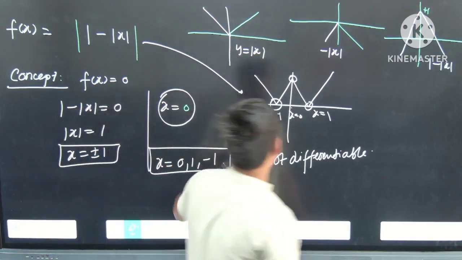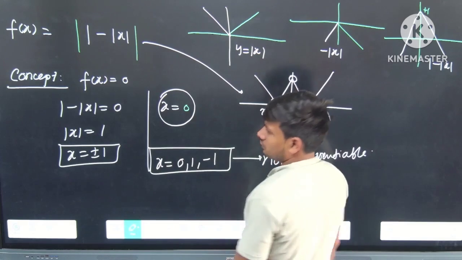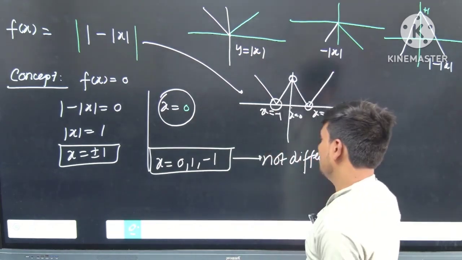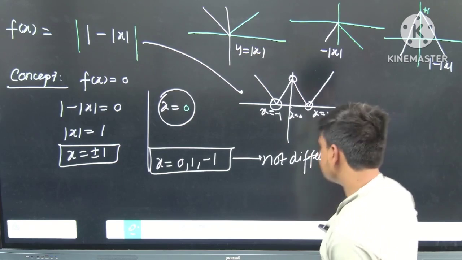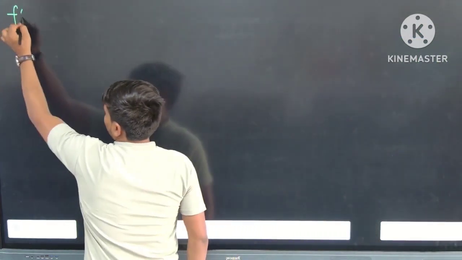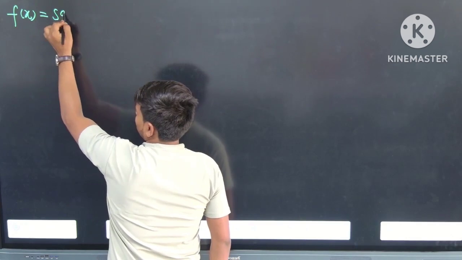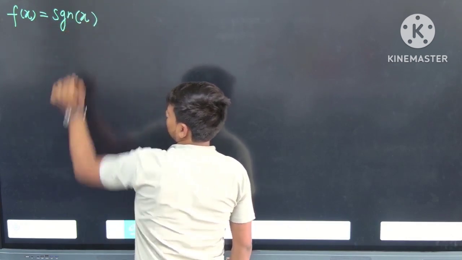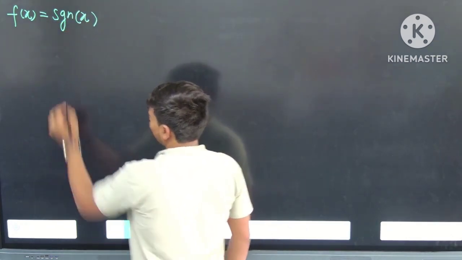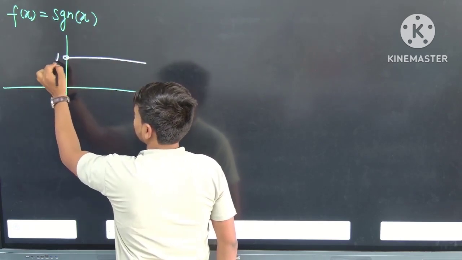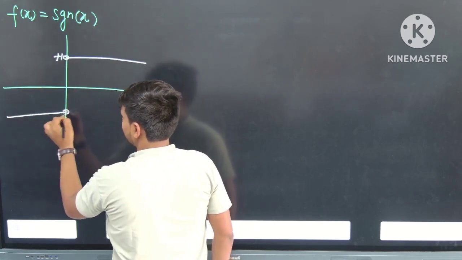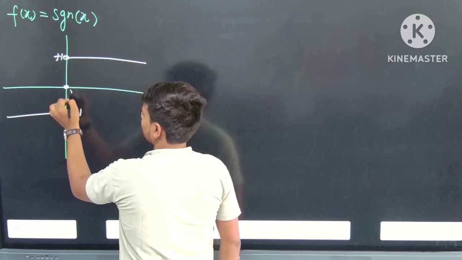You have to just equate to 0 the function under the modulus. Fine. Now the last function is the signum function. f(x) equals signum x. In the graph of signum x, you can see this is plus 1, this is minus 1, and this is 0.